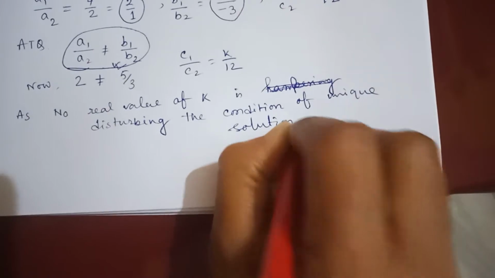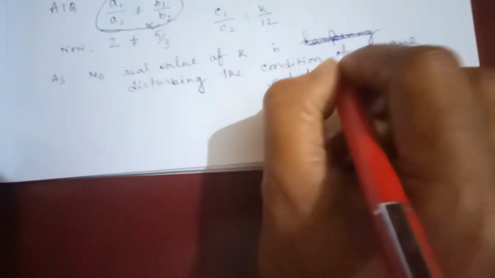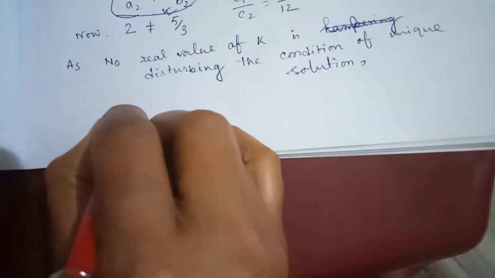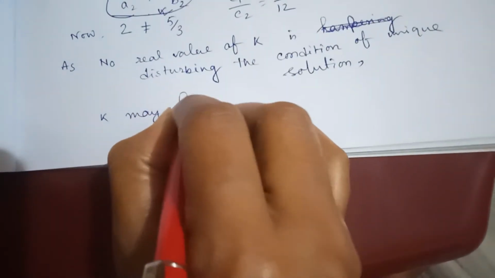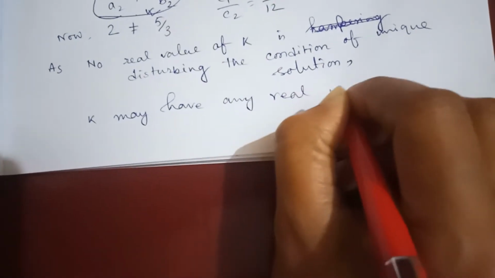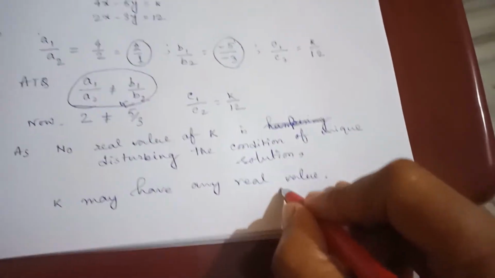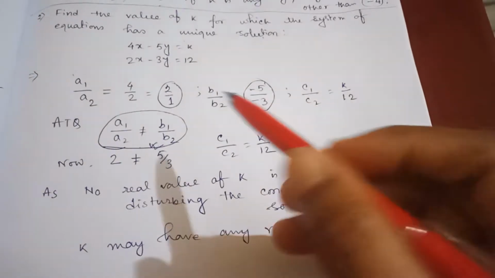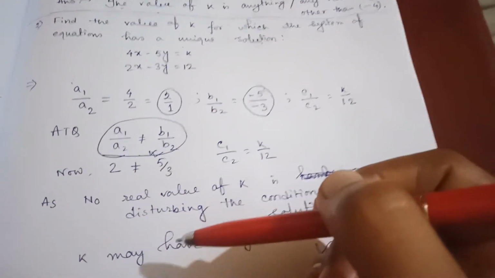As it is not disturbing, therefore k may have any real value. Okay, so this is our answer, and this is the way of writing the answer.